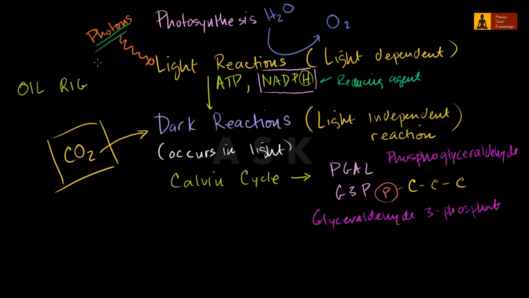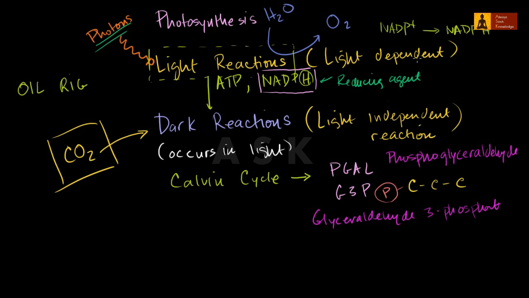But let's focus first on the light-dependent reactions, the part that actually uses photons from the sun, or I guess even photons from the heat lamp that you might have in your greenhouse, and uses those photons in conjunction with water to produce ATP and reduce NADP plus to NADPH.